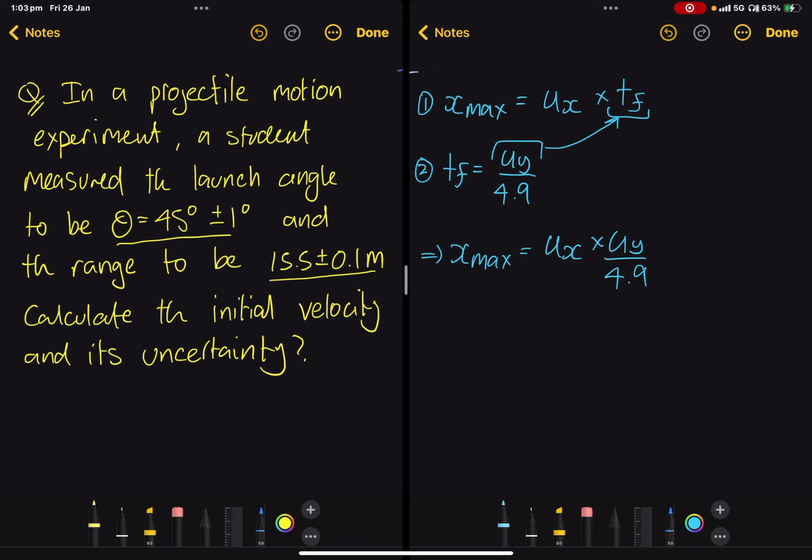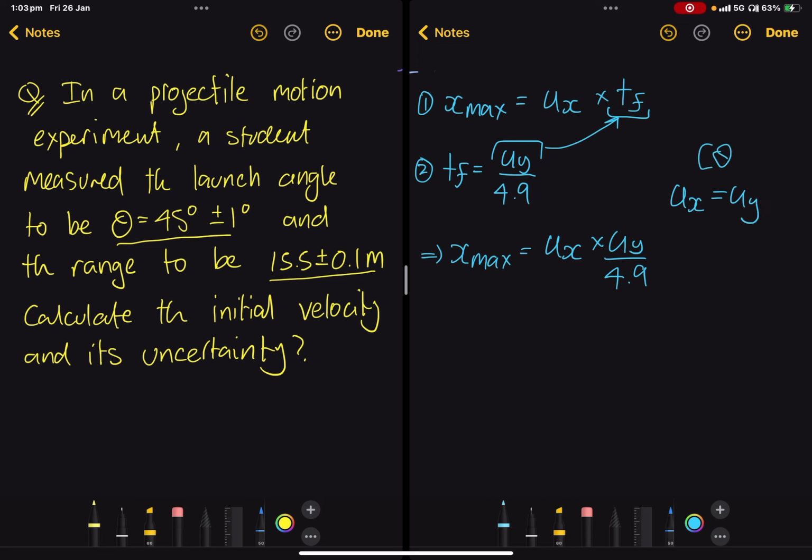Now, because theta is 45 degrees, this gives us a very specific relationship between u of x and u of y. And remember, we're not going to consider any of the uncertainties yet. We're just going to try and calculate the initial velocity. We assume these are equal. U of x is equal to u of y.